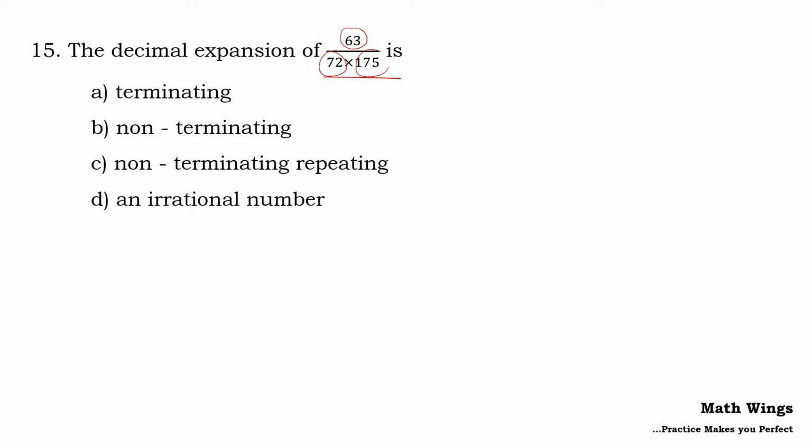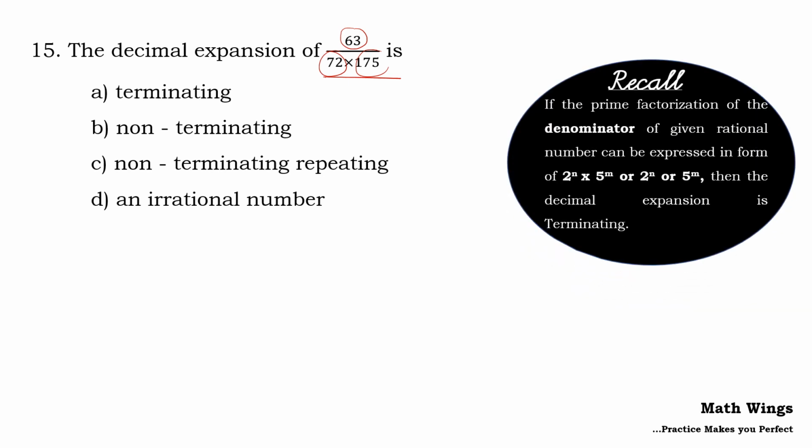Let us recall the concept which is related to this. If the prime factorization of the denominator of a given rational number can be expressed in the form of 2 power n into 5 power m, or 2 power n or 5 power n, then the decimal expansion is terminating.